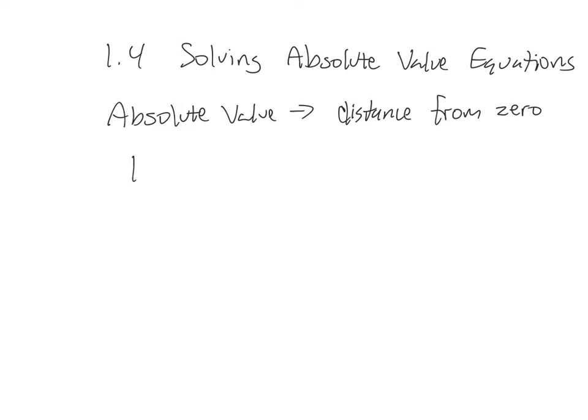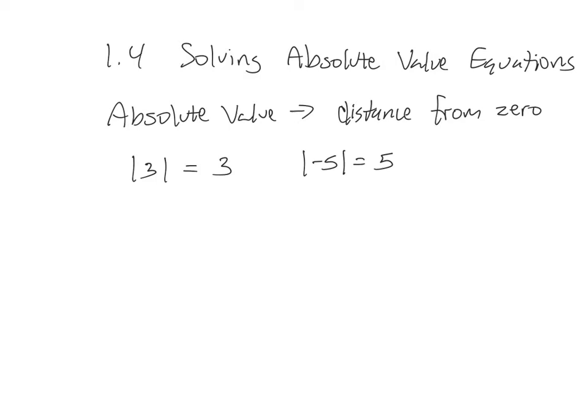So if you had the absolute value of 3, think of a number line. 3, how far is it from 0? It's 3. If you had the absolute value of -5, how far is -5 from 0? 5.